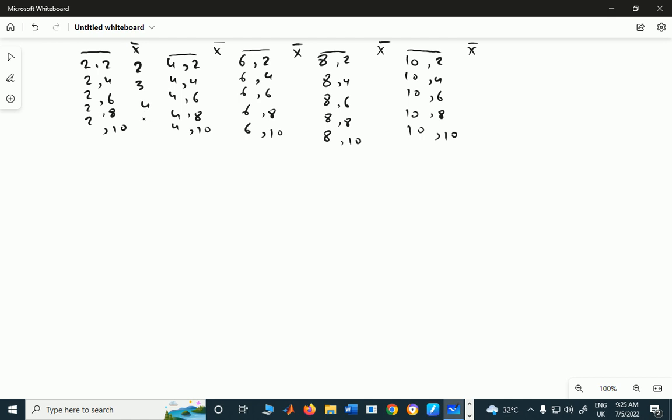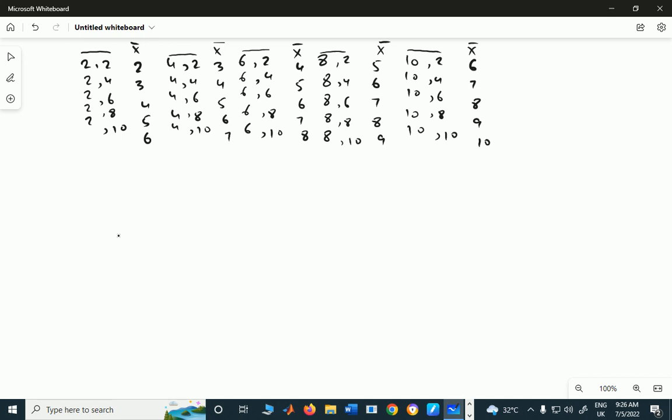Similarly, 4, 5 and 6; 3, 4, 5, 6 and 7; and this is 4, 5, 6, 7, 8; and this is 5, 6, 7, 8, 9; and 6, 7, 8, 9, 10. So, we have calculated the mean from each and every sample.